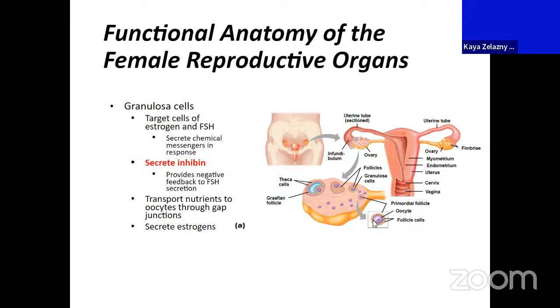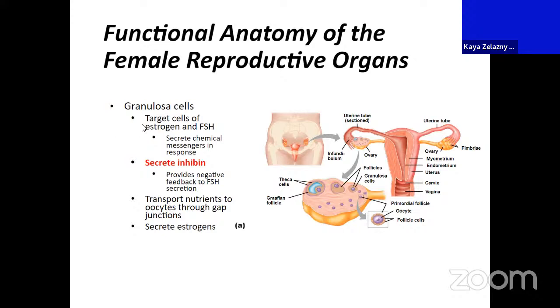They're surrounding our gamete, so that's one way in which they're similar. The other way is that they're receiving signals. The Sertoli cells were receiving testosterone signal and the FSH signal. The granulosa cells are receiving the estrogen signal and the FSH signal. They're going to respond to those signals from other parts of the body.